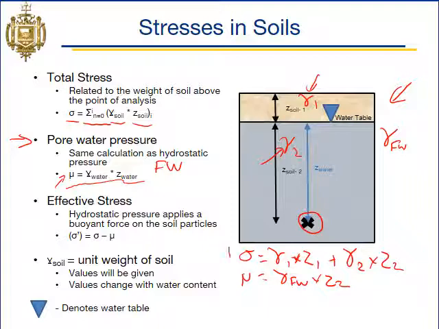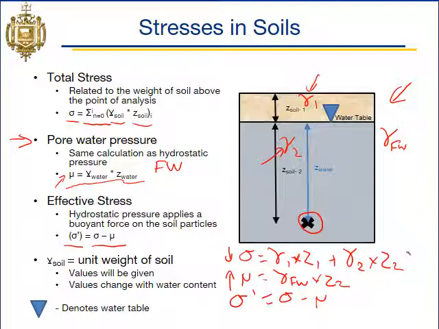All right, and we remembered that total stress is equal to the amount of weight on top of our reference point, so that one's going down, and pore water pressure is a buoyant force, so that one's going up. So that means effective stress, so we use this sigma prime here as effective stress, is just equal to the total stress minus the pore water pressure. So it's equal to sigma minus mu, and I'm not going to write that equation out.